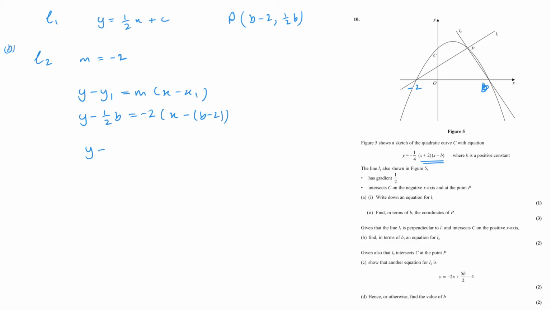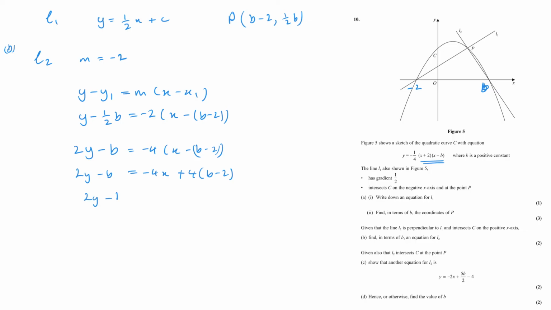So y minus a half b. I think what I'll do is I'll multiply everything by 2, just to get rid of that half b. Okay, so minus 4x plus 4 times b minus 2.